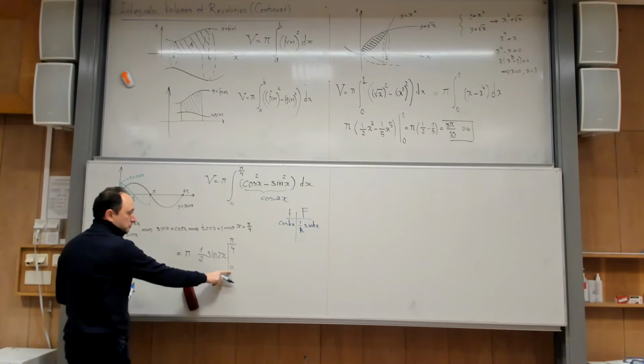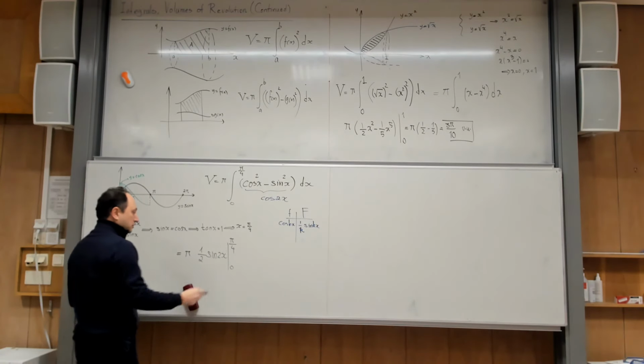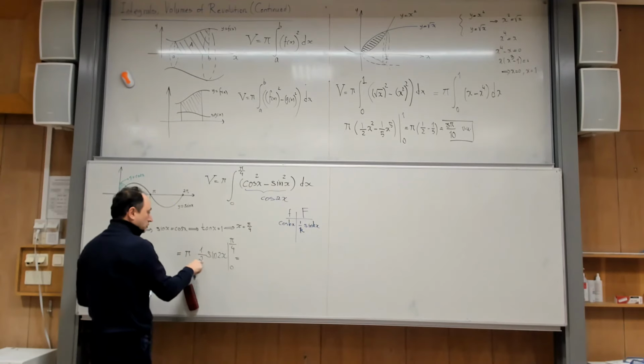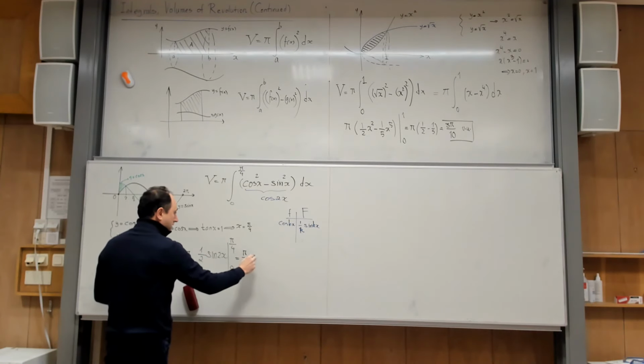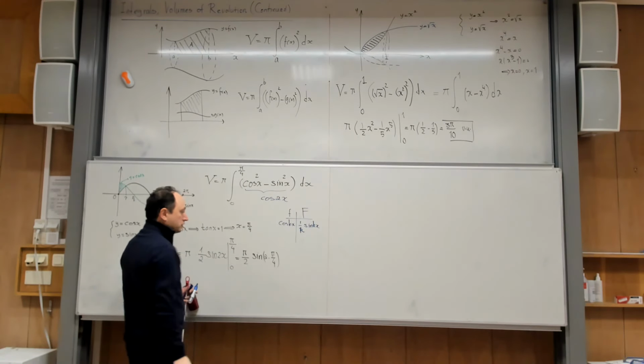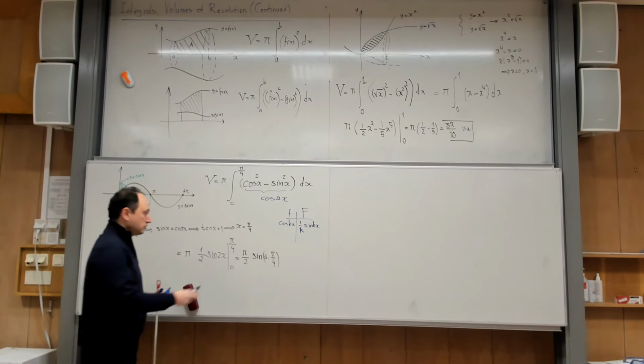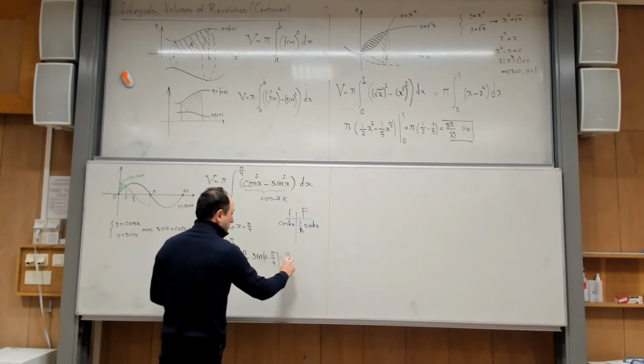But 0, I don't need to be worried about, because sine of 0 is 0. So the only thing that I have to care about is the upper value. So this becomes pi over 2 times sine of 2 times pi over 4. But 2 times pi over 4 is pi over 2, and sine pi over 2 is 1. So this becomes just pi over 2, volume units.